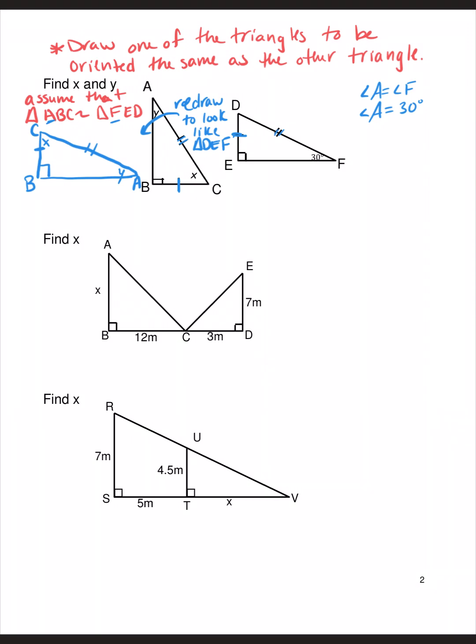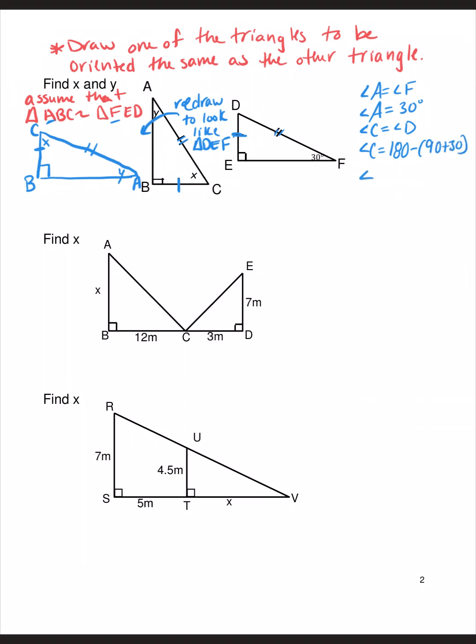Okay, we also can see our other angle we don't know is angle C. Well, angle C has to equal angle D. We don't know angle D, but we can certainly find angle C or D by just taking 180 and subtracting the sum of the other angles, the sum of the interior angles. So minus 90 plus the 30 we already have.